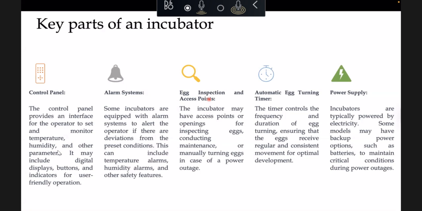Egg inspection and access point: the inspection is the view window we have just seen in the other photo.